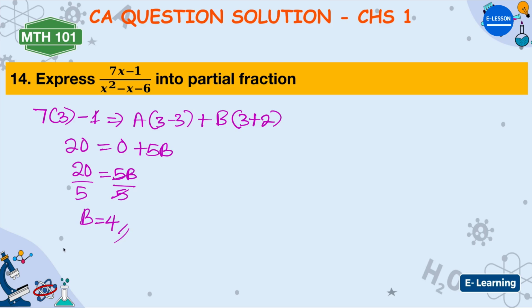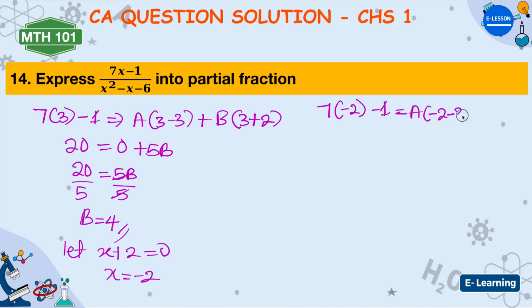The next one is let x plus 2 be equals to 0. So x will be equals to minus 2. Put minus 2 into this equation. What is that going to give to us? 7 bracket minus 2 minus 1 is equals to a bracket minus 2 minus 3 plus b bracket minus 2 plus 2.